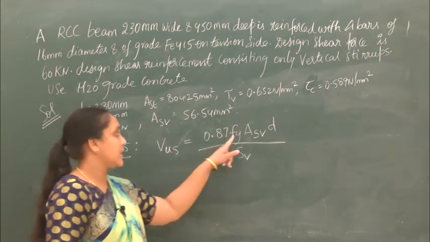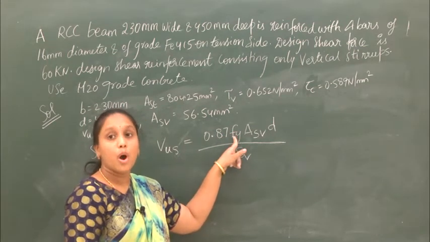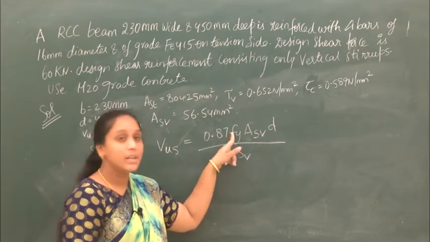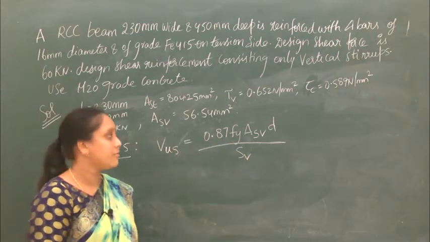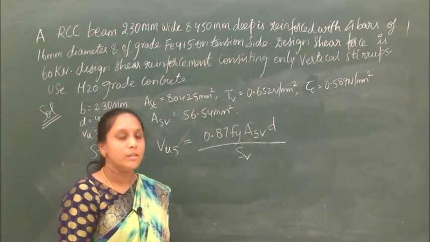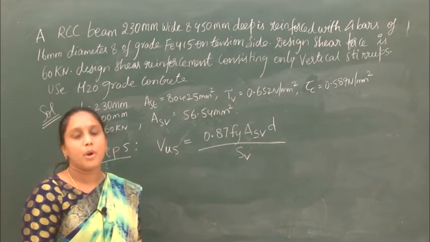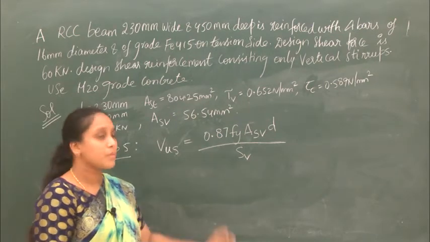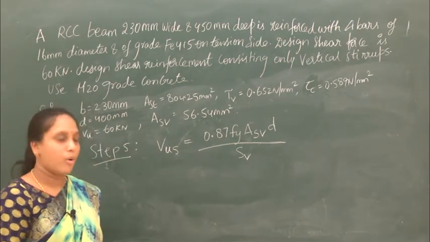Here Fy is the grade of steel for the stirrups, which can be either 250 or 415. Suppose I am providing 415, so Fy is 415.